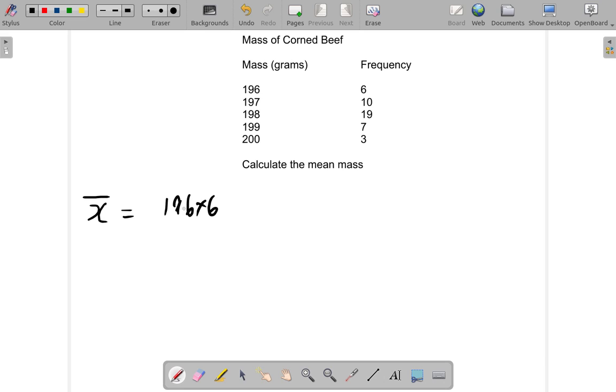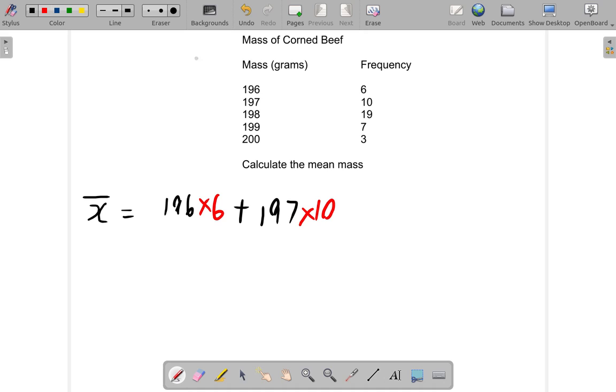The mean mass is 196 times 6. You see that? Plus 197 times 10.